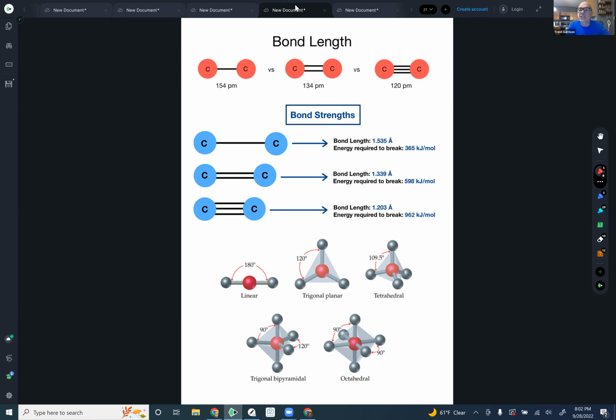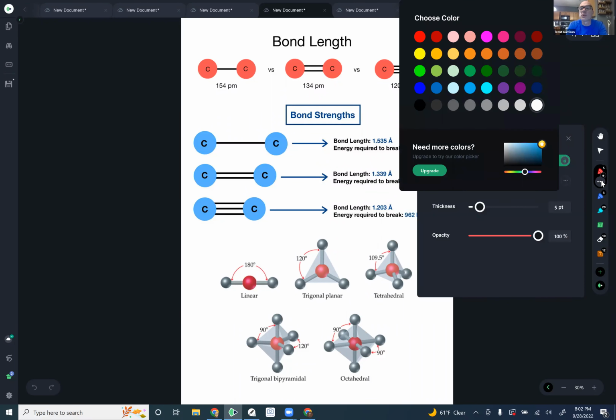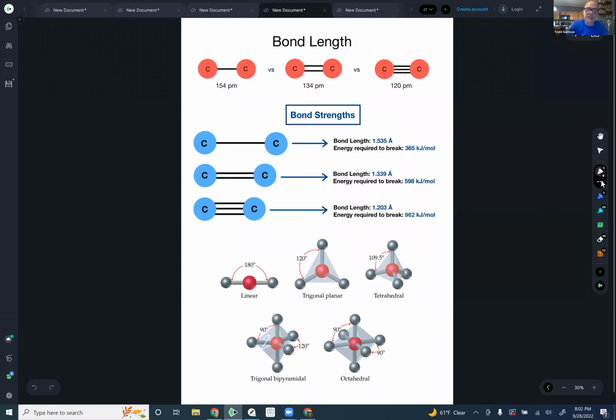Now, you only need to memorize 3 of these shapes down here, because the other ones are for expanded octets, which we will not be doing. So these down here do not apply to you. We will not be doing expanded octets. So please try to ignore what is behind the sort of subtly shaded regions down here at the bottom.